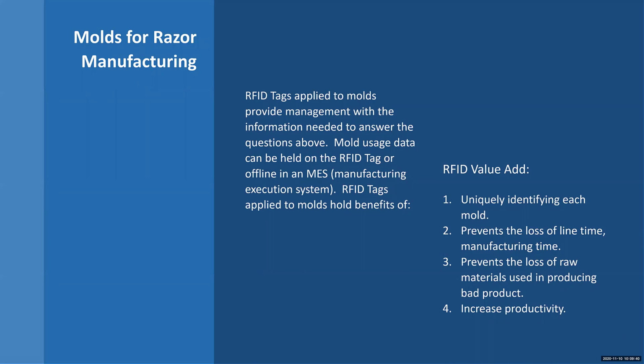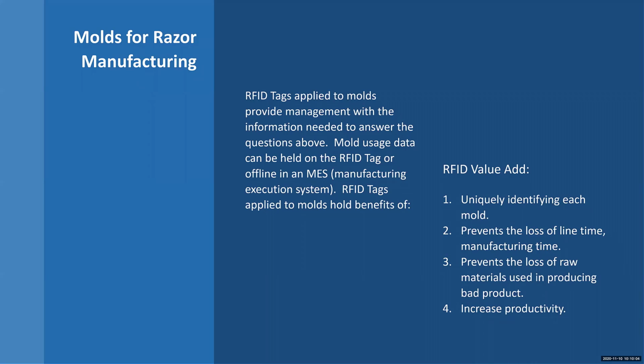Another application in mold identification is the longevity of that particular mold before it needs to be processed for any type of cleaning or maintenance. And for that, again, we utilized a tag on the mold and a reader attached to their controls.